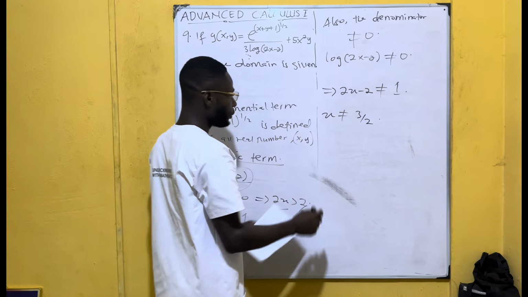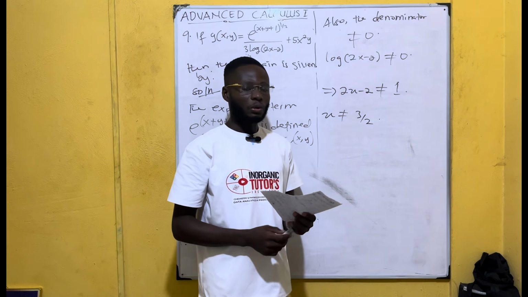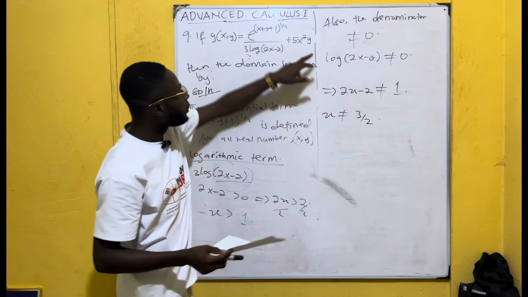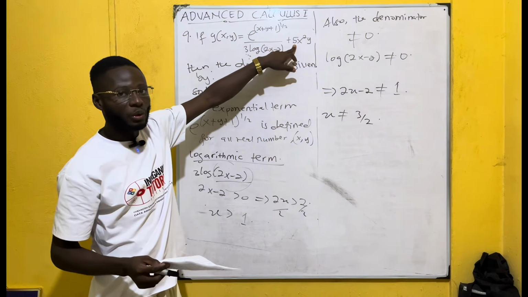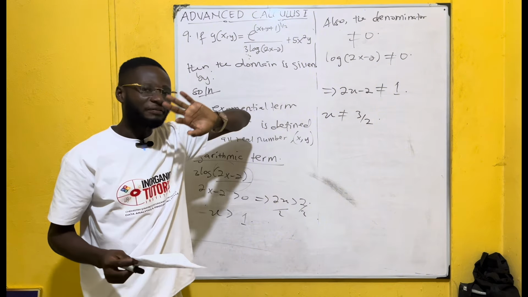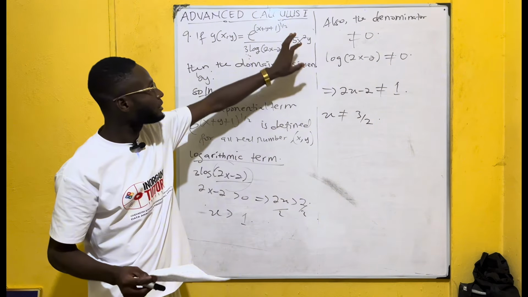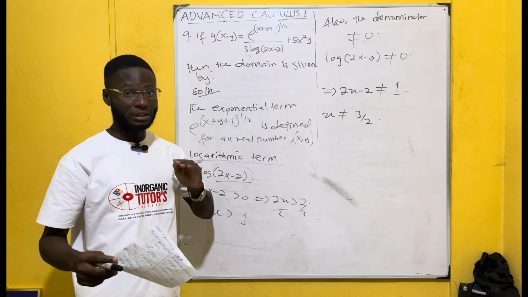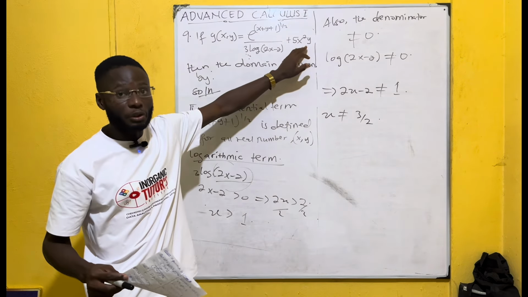Okay, so our final answer is going to be: the polynomial term, which is this 5x squared y, is also defined for all x and y because it is just isolated and it is not a fraction or a rational expression. So this is a polynomial term.